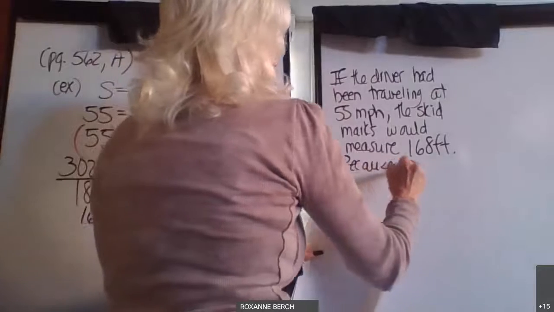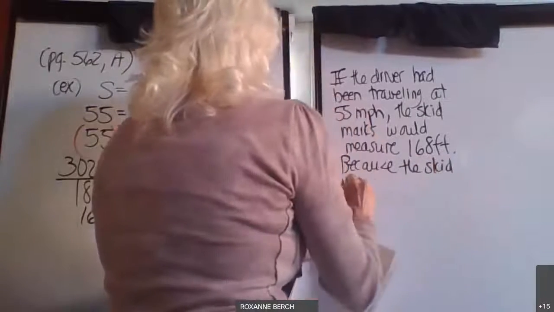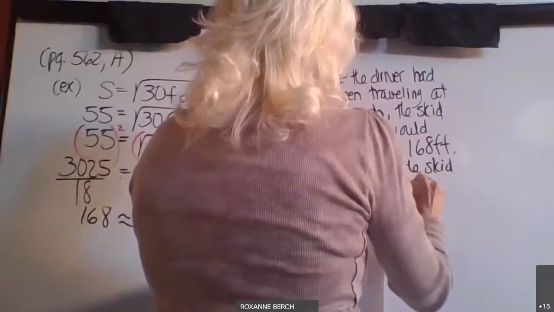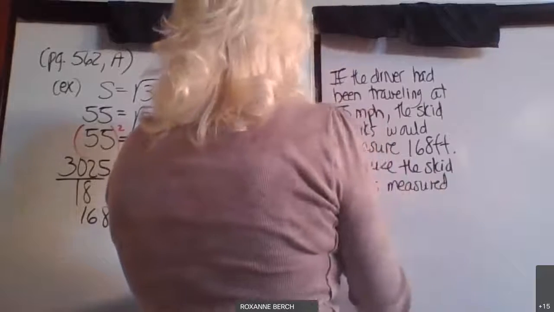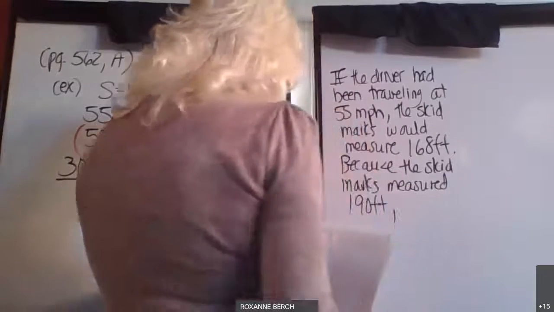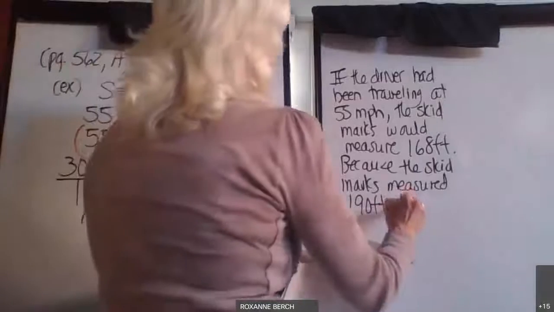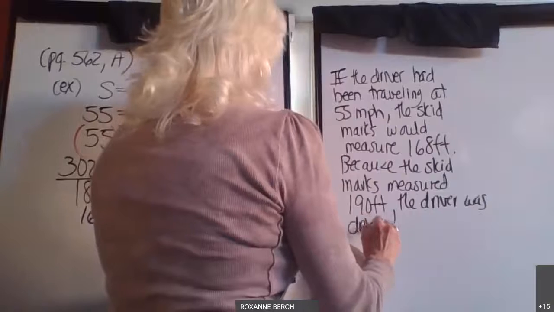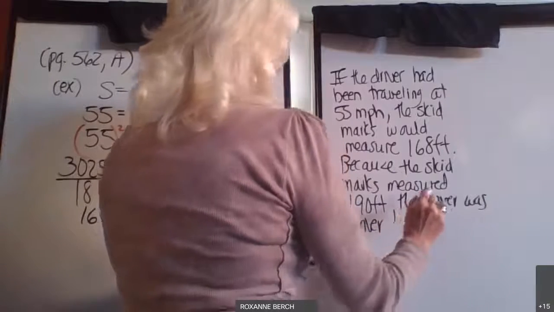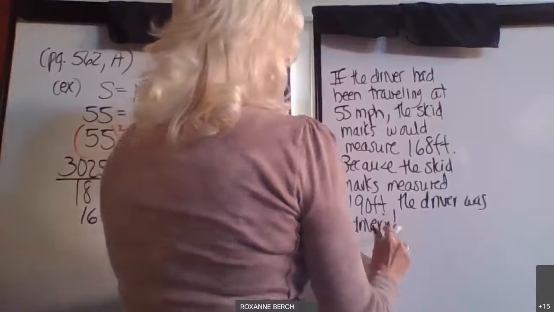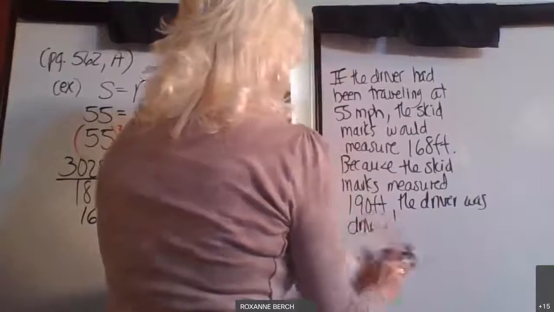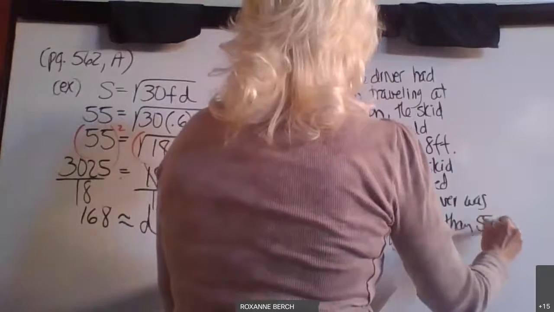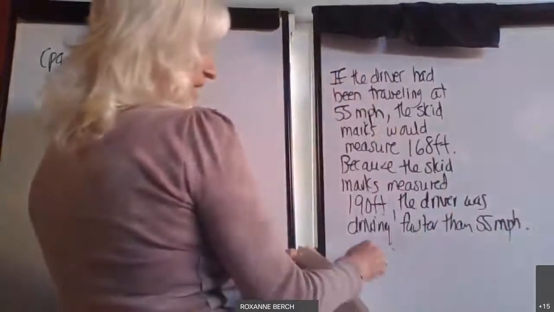Because the skid marks measured 190 feet, the driver was driving faster than 55 miles per hour. And what that ultimately means is that he's lying.